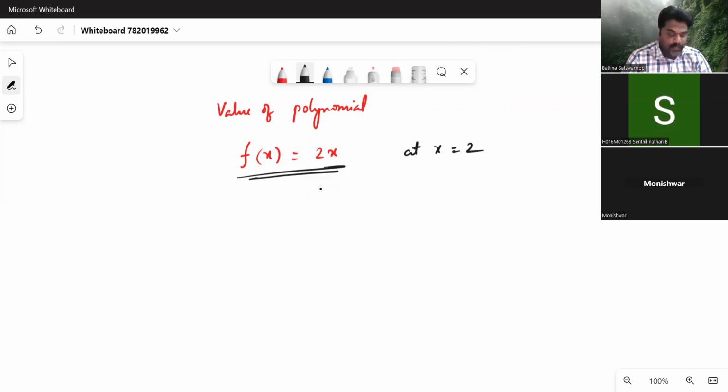So what do I do, sir? What am I supposed to do to find the value? You have to substitute x in the place. Substitute x with 2 and I will get f of 2 is equals to 4. Yes, sir? Correct? Great.